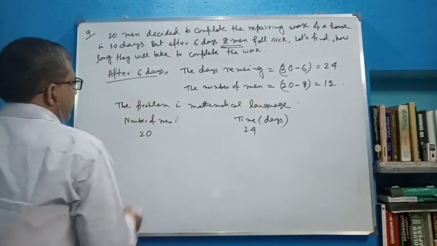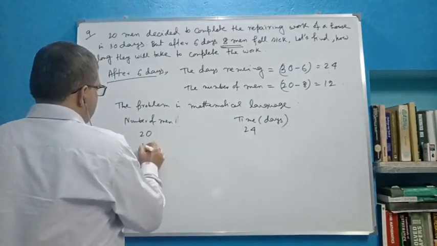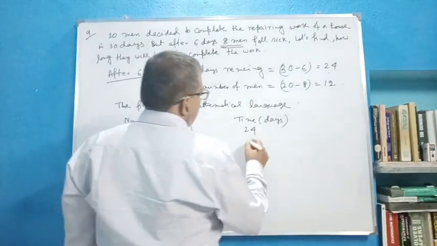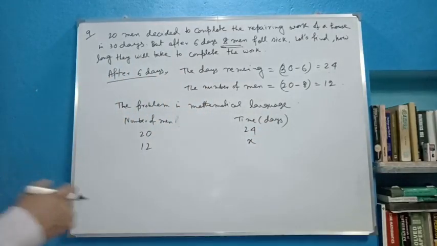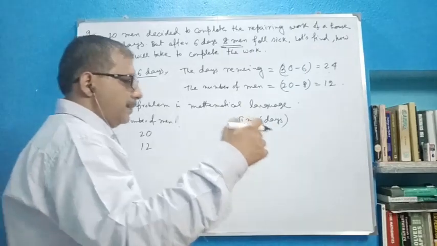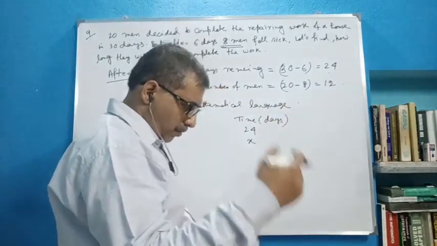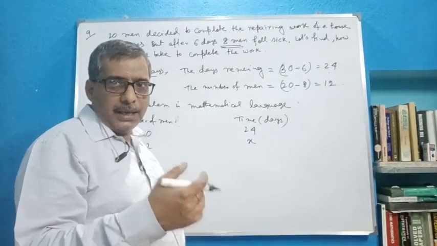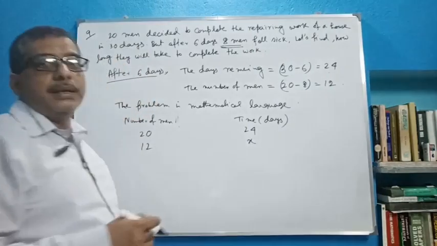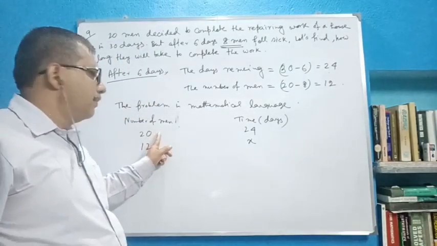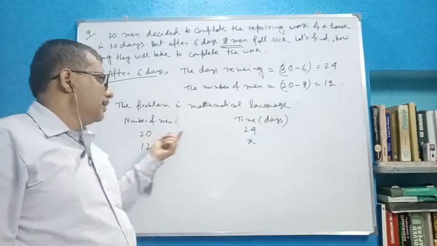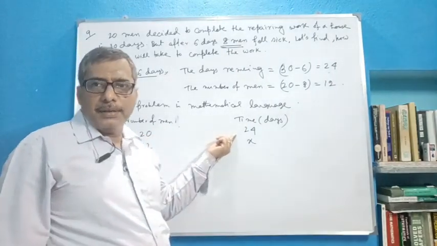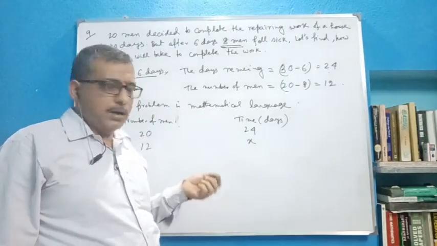And now the number of men is 12. We have to find out the time. Now if the number of men increases, the amount of work being the same, then the time will decrease. If the number of workers increases, then time decreases for the same amount of work.